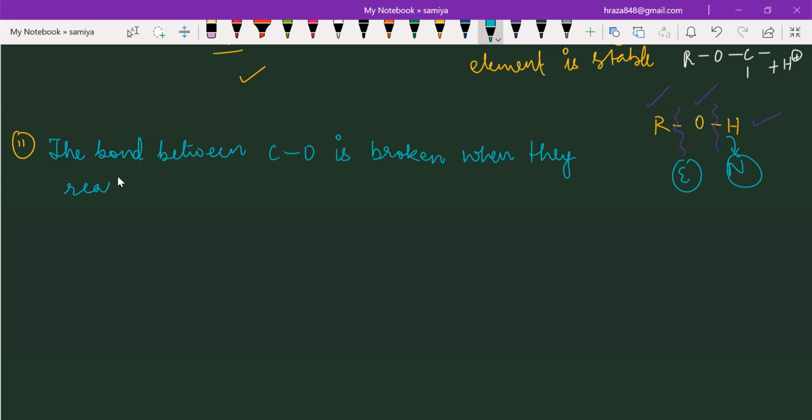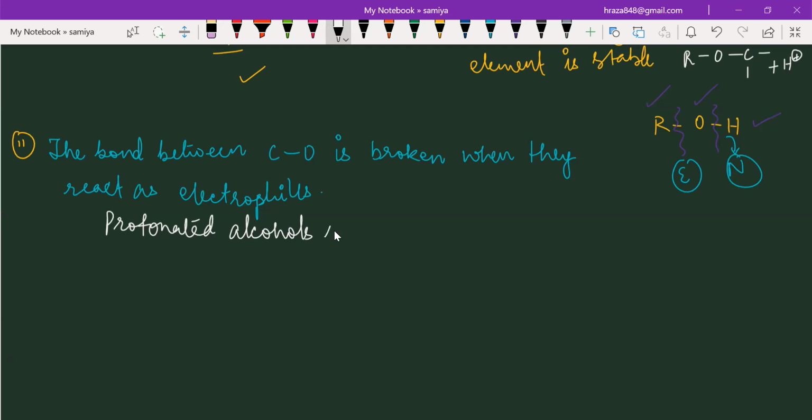When they react as electrophiles, there is a condition: it should be a protonated alcohol. Protonated alcohols react in this manner.